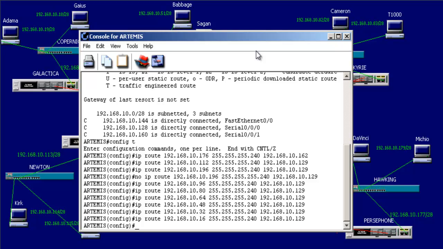EIGRP is 90, so 90 versus 1. Hey, think about it. You have no broadcast traffic, no updating traffic, no topology table, nothing. It's there, it's instant, bam, it's in the router. So for a small network that's not too complicated, static routing is a great choice.